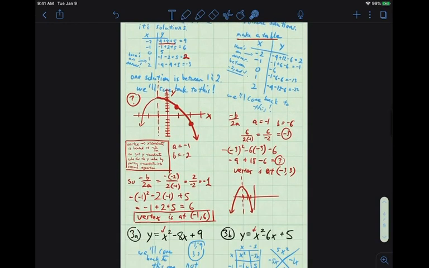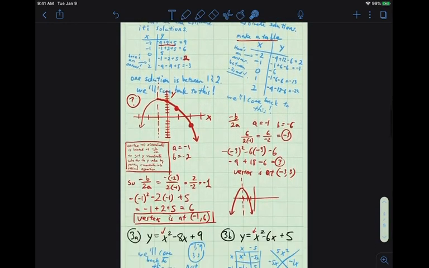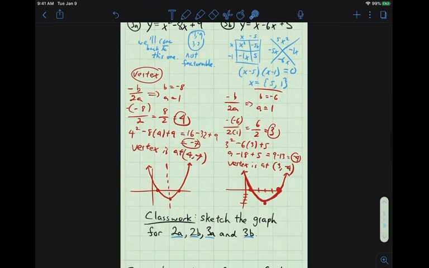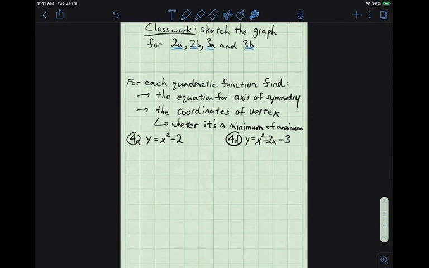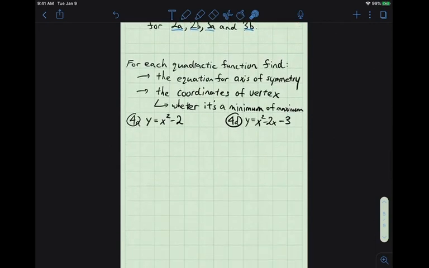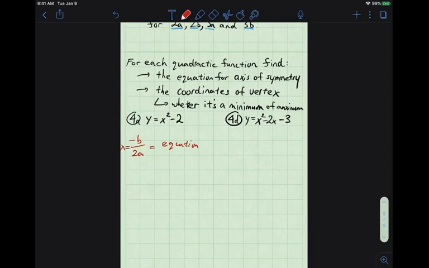So I've sketched 2a pretty horribly, 3a with minimal detail on what these parabolas look like. Right, this one, it becomes more of that practice of using this formula, negative b over 2a, for the equation x equals this for the axis of symmetry.